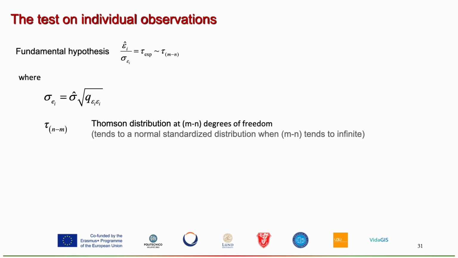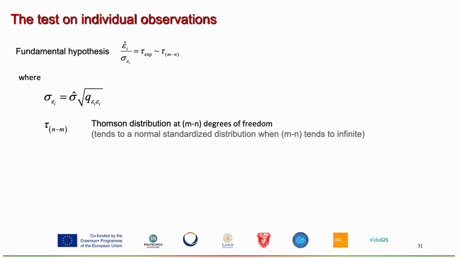The test on individual observations is based on the fundamental H zero hypothesis that the residuals of the observations divided by their standard deviation must follow a Thompson distribution with m minus n degrees of freedom. The symbol used for the Thompson distribution is the Greek letter tau.